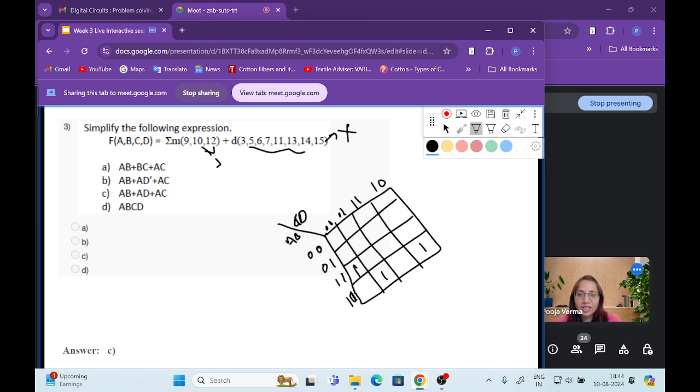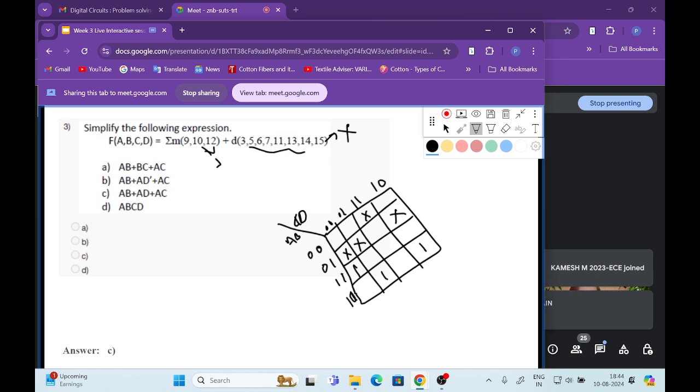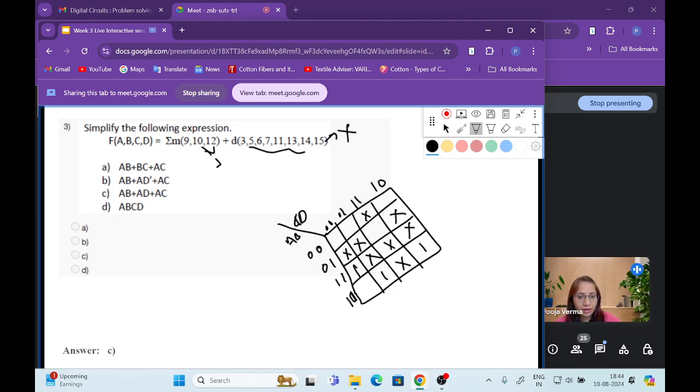So in the place of 3, 5, 6, 7, and 11, 13, 15, and this one is 14, right? So these are the places we need to put.